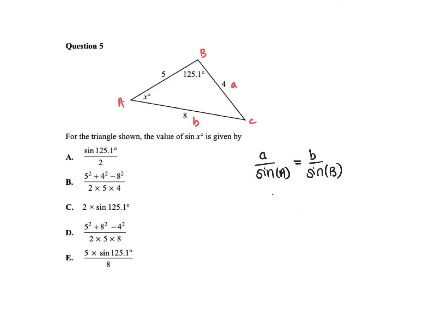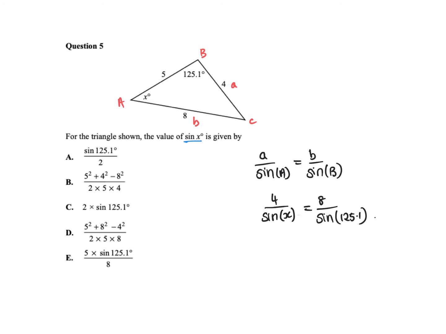If I plug in all the details, I've got 4 over sine x equals 8 over sine 125.1. What's happened here is this is showing you that you can't use the solve, because they're not actually asking what x is, they're asking what sine x is.